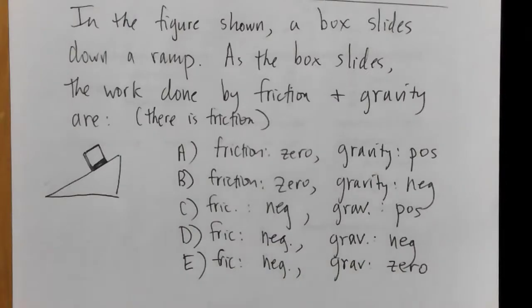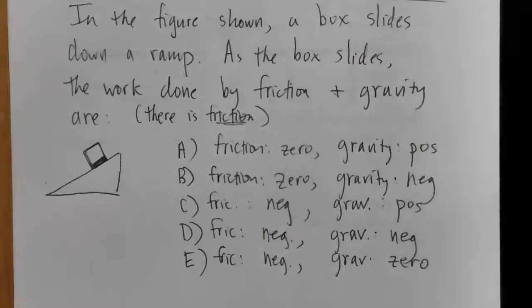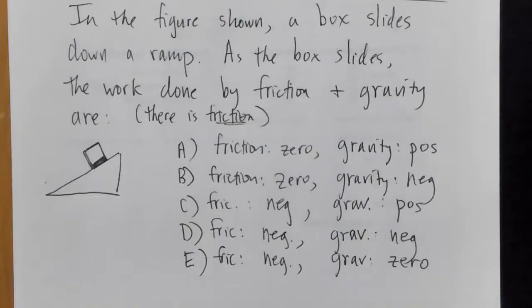Okay? So I'm saying there is friction, it's not a frictionless surface, and so you can't say friction is 0 trivially because there's no friction. I wouldn't ask that question. Okay? All right, so I'm going to open up the polling. Go ahead and make your choice.